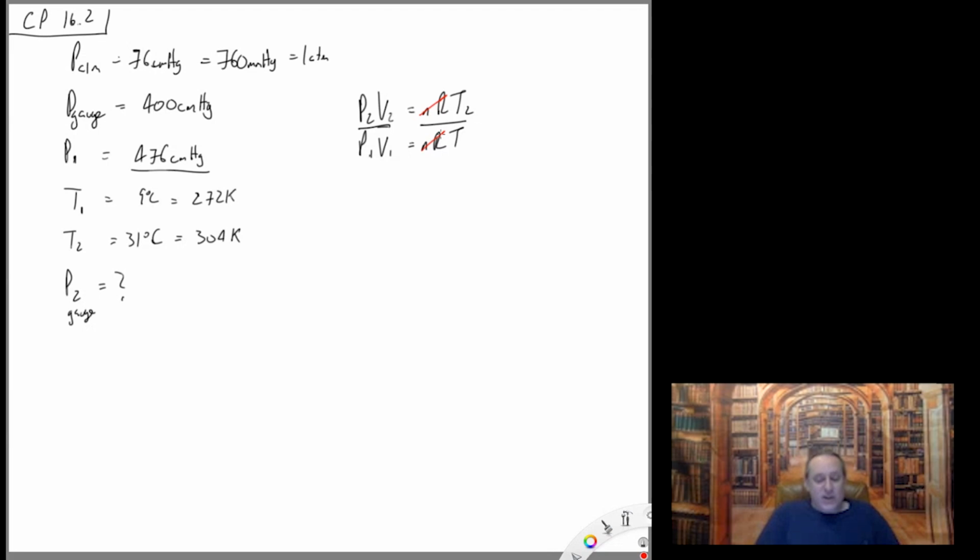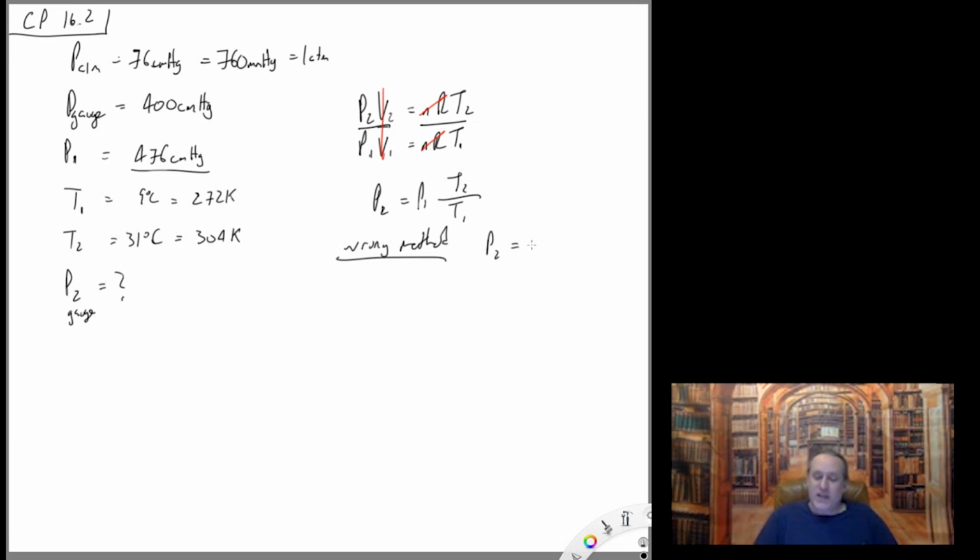The volume of the tank doesn't change either, right? It's just a big metal tank. So its volume is barely going to change at all. Just the tiniest change, we can ignore that. And so what we get is that P2 equals P1 times T2 over T1. So just see what happens. I'm going to do the wrong method first, okay? I want to make sure you see that.